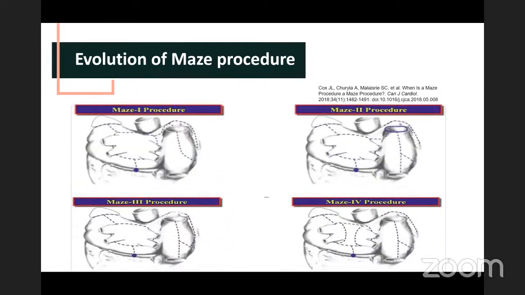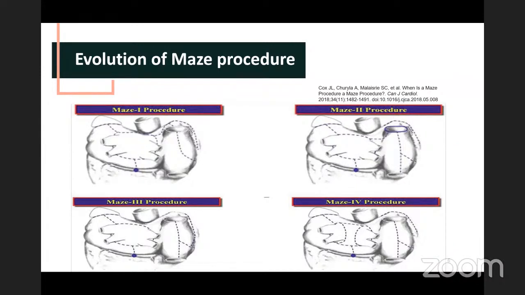So the Cox-Maze procedure has evolved since 1980 after the description by Dr. James Cox of the Maze-1 procedure. They were using the cut and sew technique, and they were using a different set of lesions than the current Maze procedure.